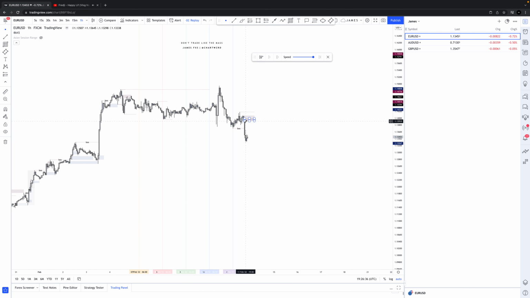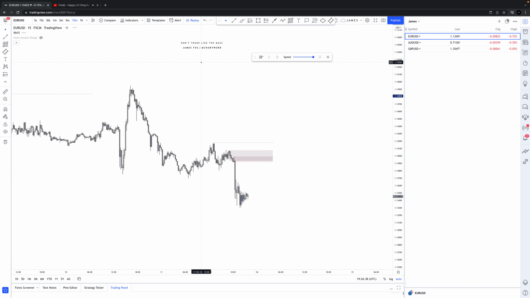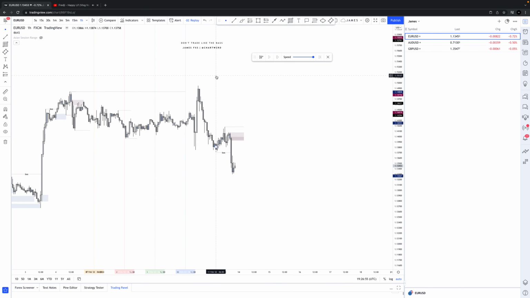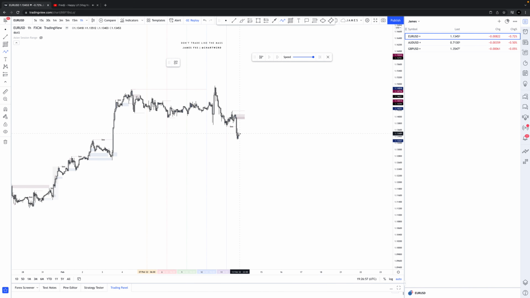I've got my hourly POI, the inside bar, and the 15-minute area as well, which should be here. So this candle here I'm looking at, and then obviously the hourly area as well. So what I'll be looking at is whether price can come in and go lower, and really it's as simple as that.